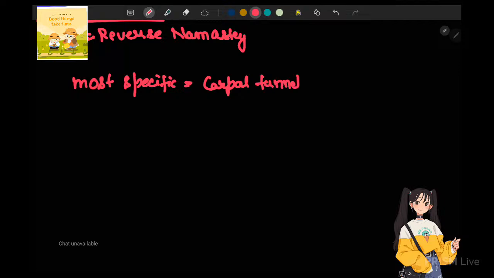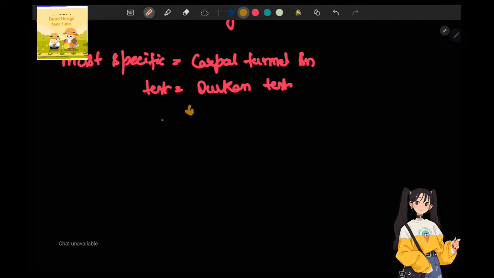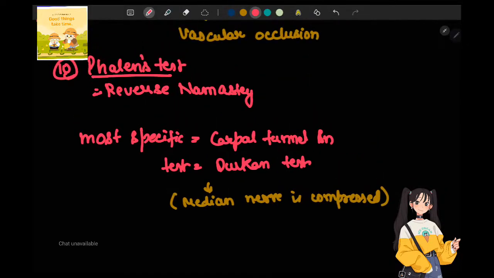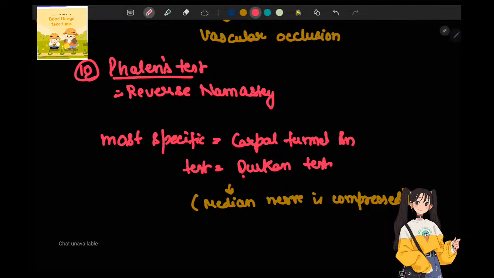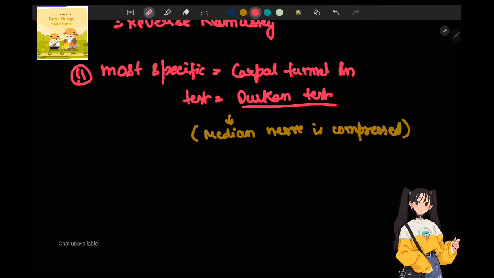Carpal tunnel syndrome, and the test is Durkan test, right? So actually the median nerve is compressed. This is the Durkan test. This could be 11. Then we have the 12.